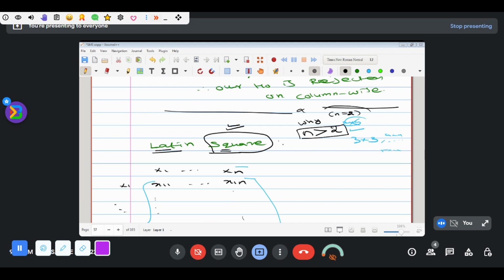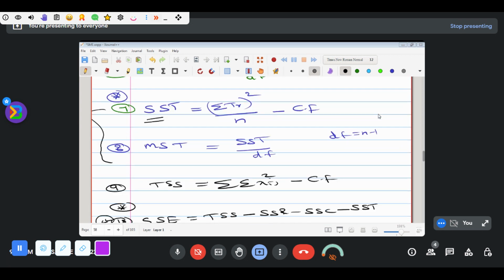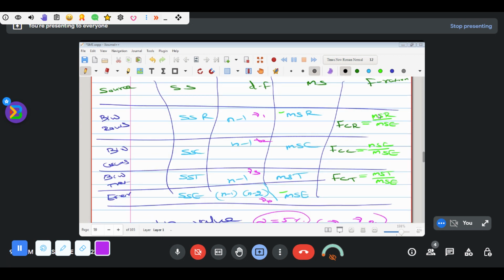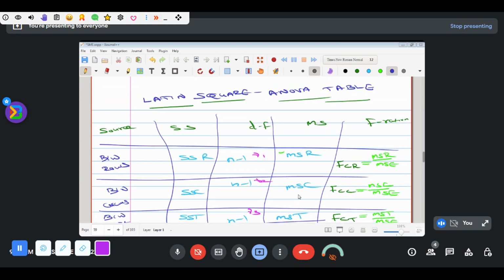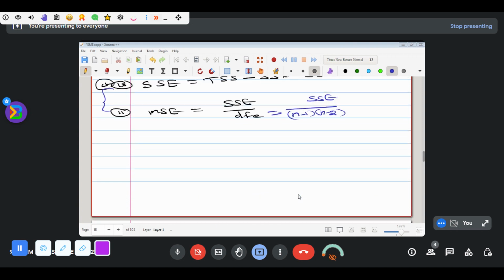Check the ANOVA table. What is the reason why n equal to 2 is not taken in the Latin square? This is a very, very, very important 2-mark question. Any idea?